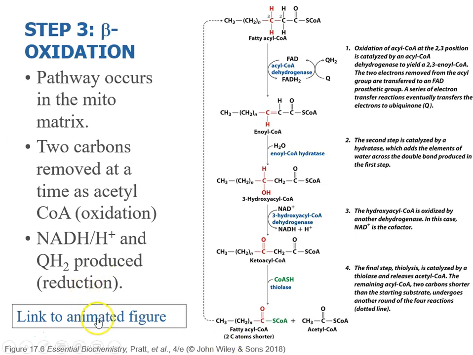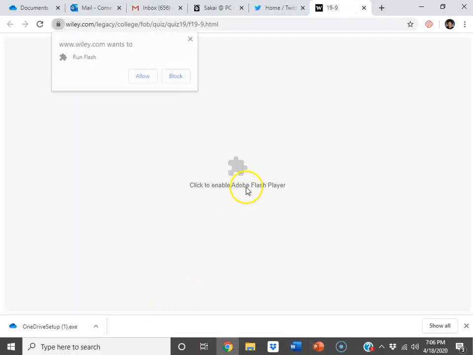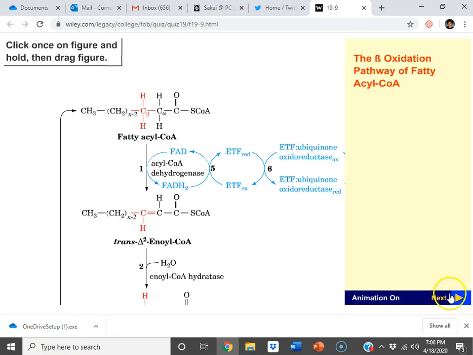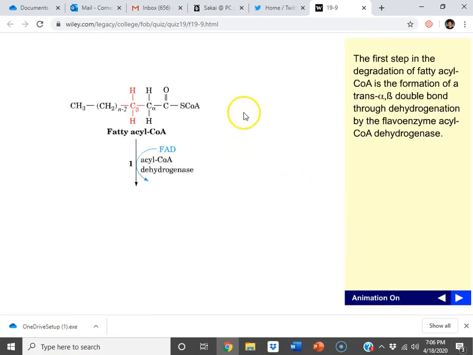So let's use this animated figure to describe what's happening. We will need our Adobe Flash Player in order to show this. So here we start with our fatty acyl-CoA, and in the very first step, there is a dehydrogenase, so we know it's a redox reaction, that will take off these 2 hydrogens, and now we have a trans-enoyl-CoA.